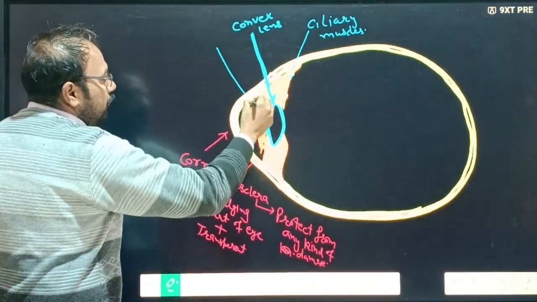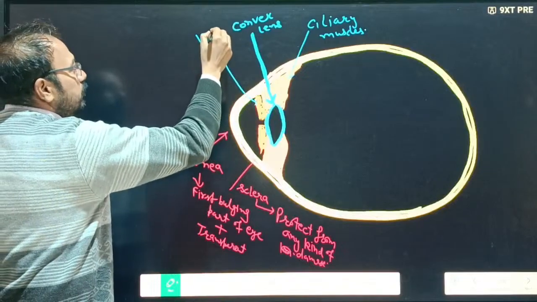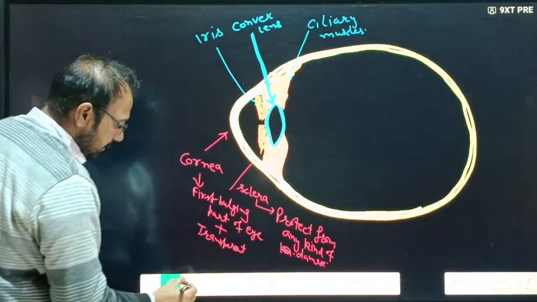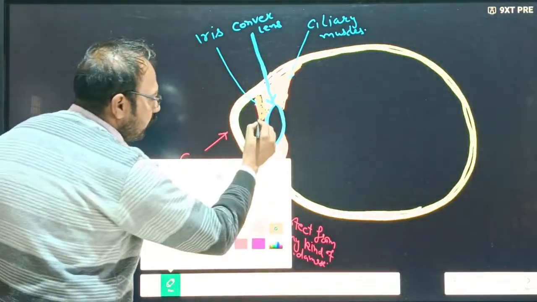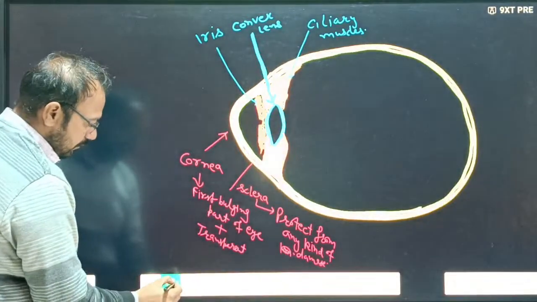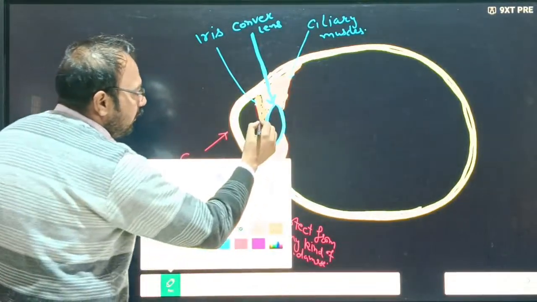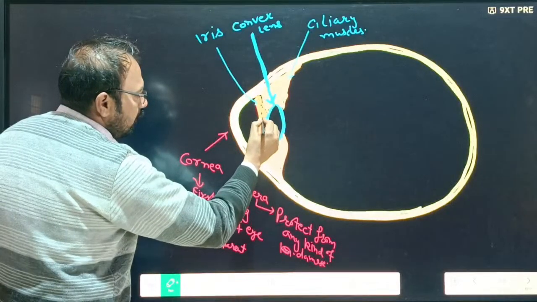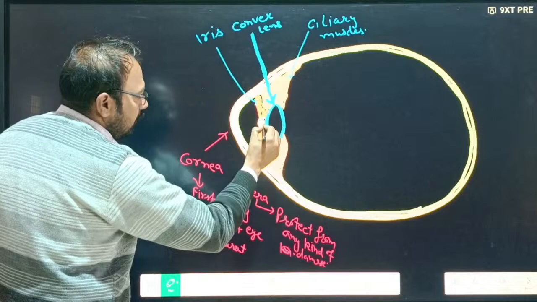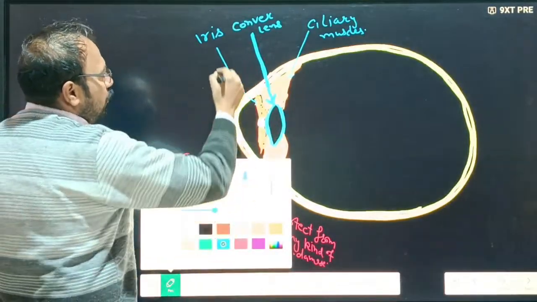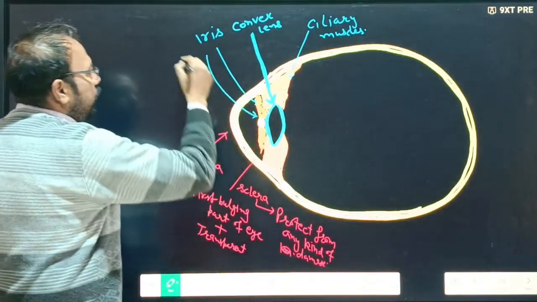and this is known as the iris, and this window specially we mark by yellow color. So this is known as the pupil.